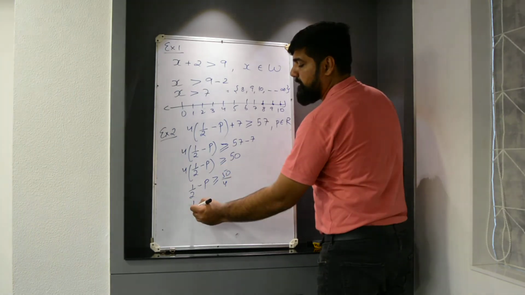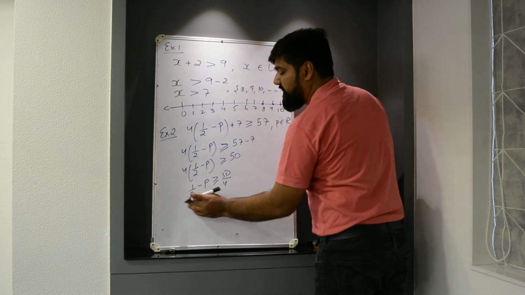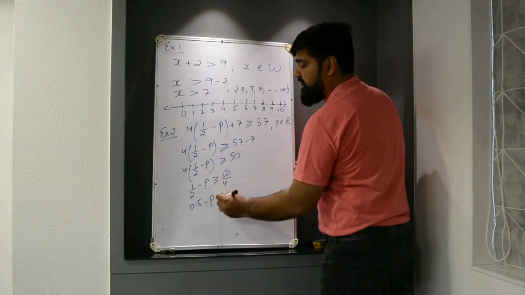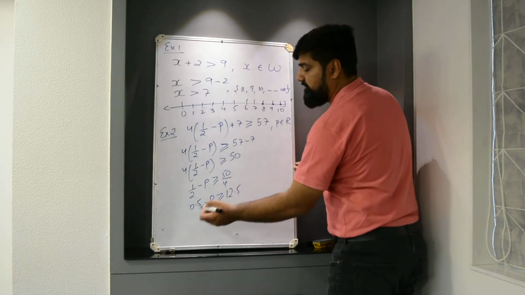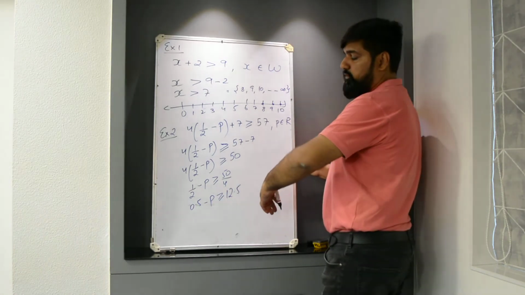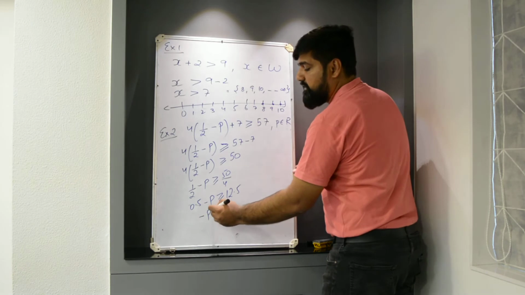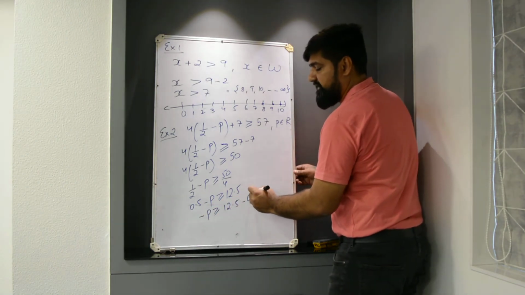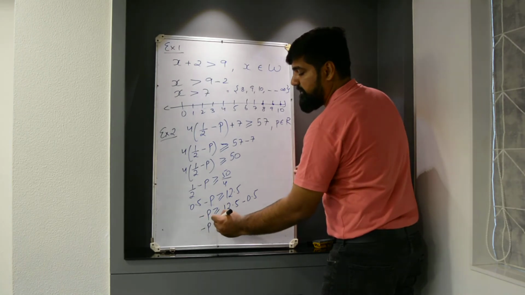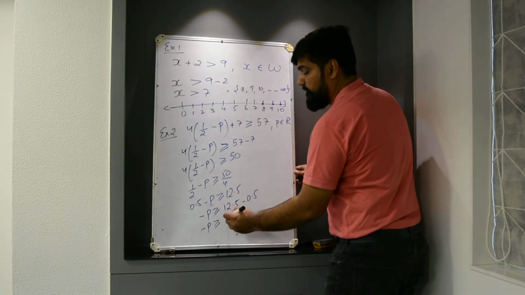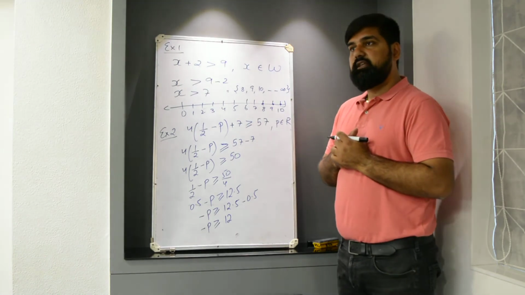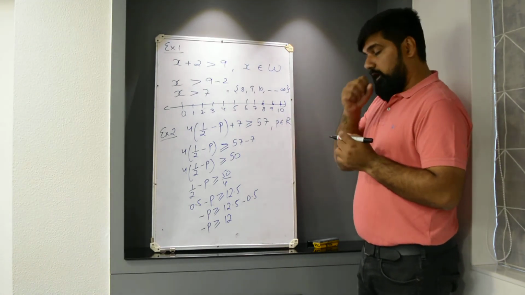So I get 1 by 2, or I can write 1 by 2 as 0.5 minus p is greater than or equal to 12.5. Now I can write minus p is greater than or equal to 12.5 minus 0.5, or we'll get 12. Okay, so minus p is greater than or equal to 12.